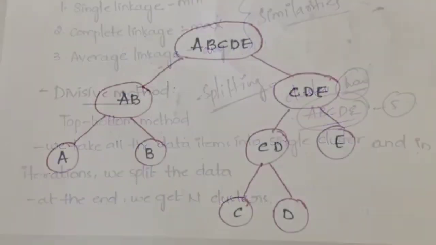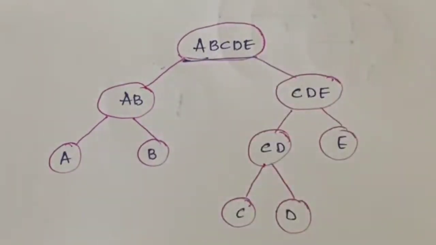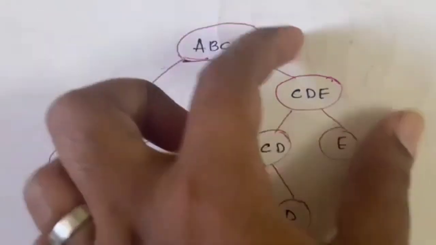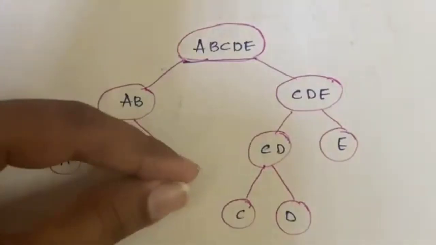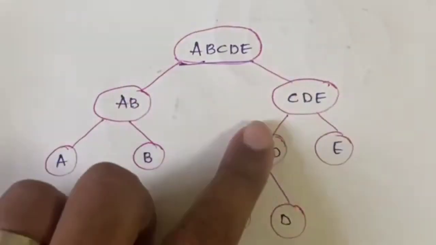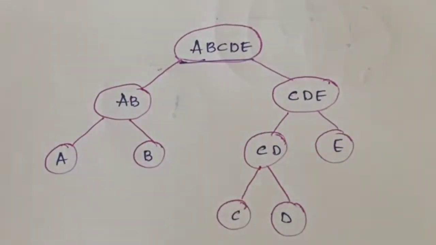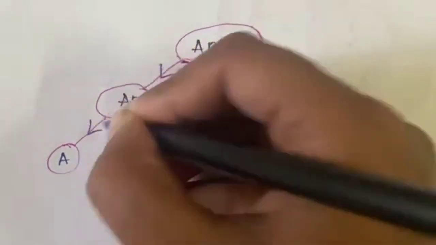So, divisive clustering is the opposite of agglomerative clustering. Here is an example of A, B, C, D, and E in divisive clustering when splitting the data. We have A, B, C, D, E. In A, B, we split the 2 letters, and at the same time, we split the letters on the right side.